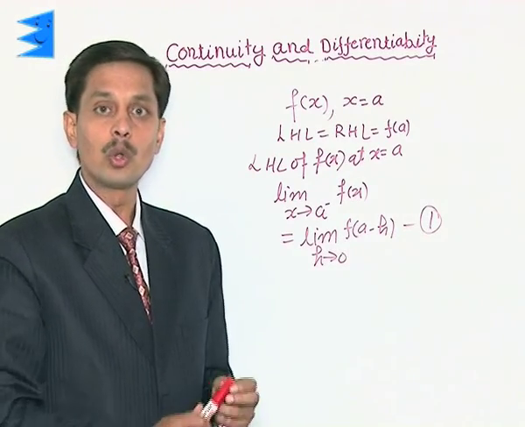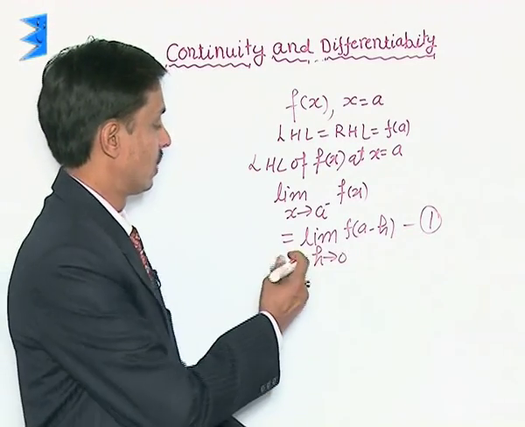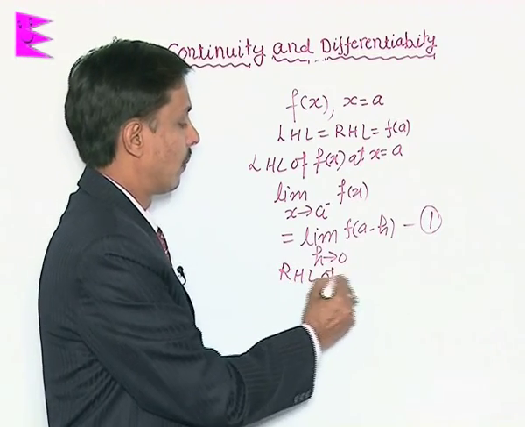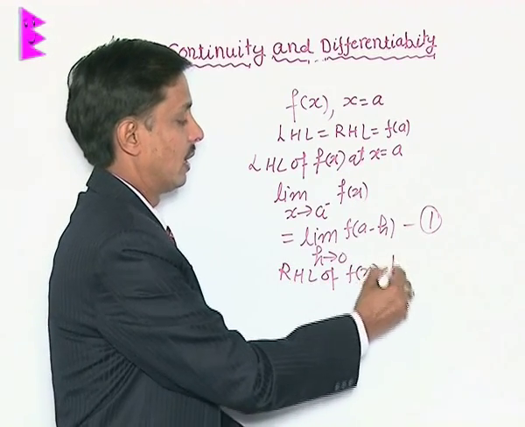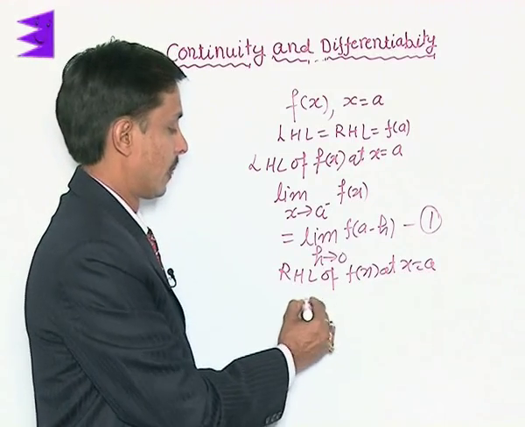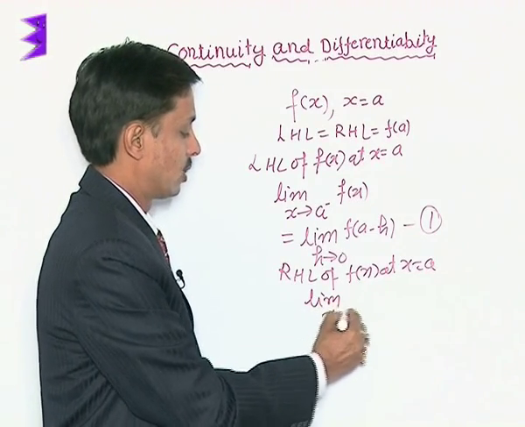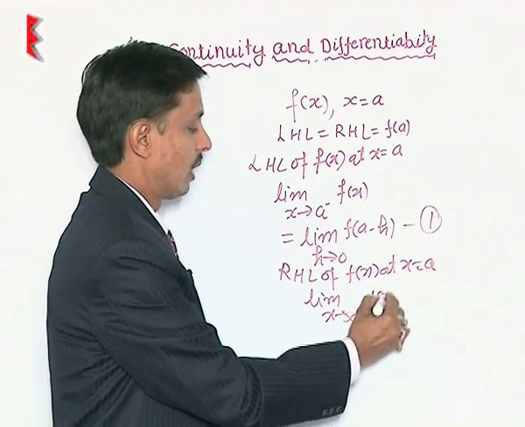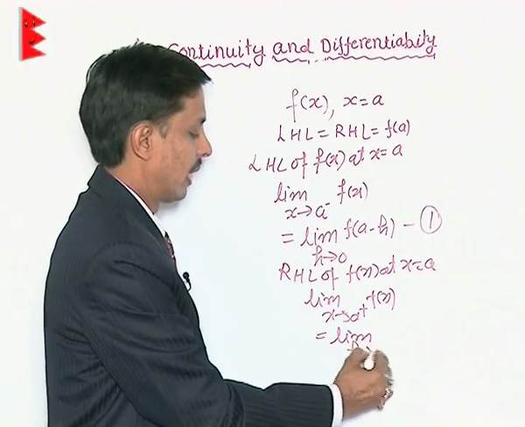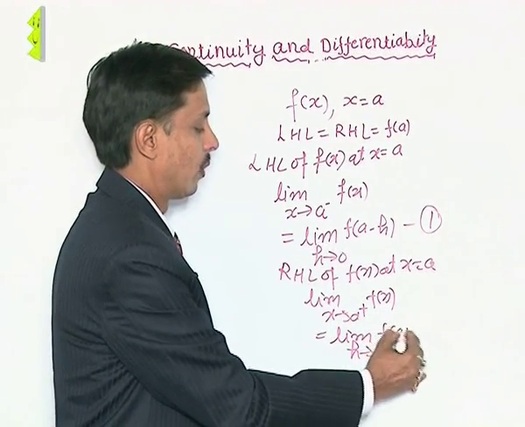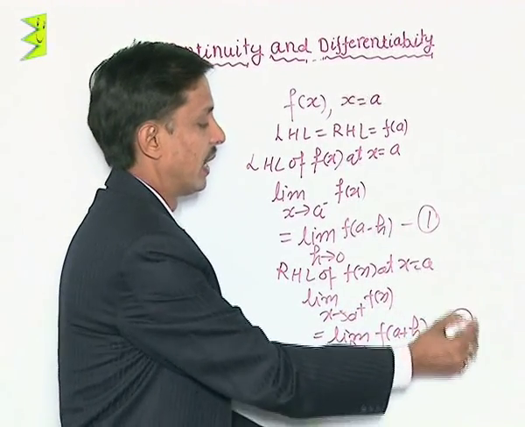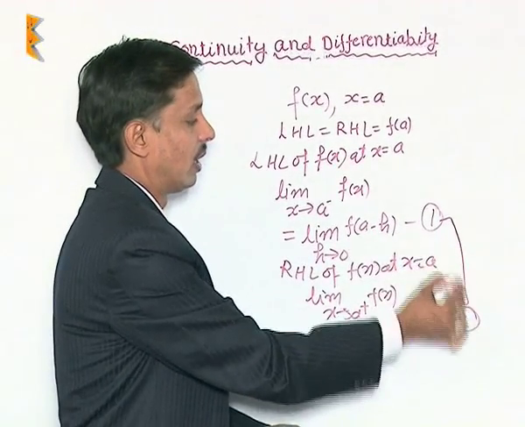The right hand limit of a function f(x) at the same point x equals a is given by limit x tending to a positive f(x), further simplified as limit h tending to 0 of f(a plus h). This is the right hand limit and that is the left hand limit.